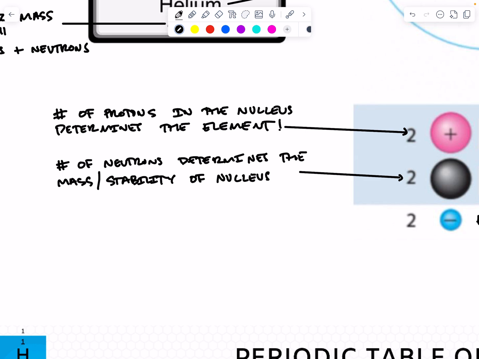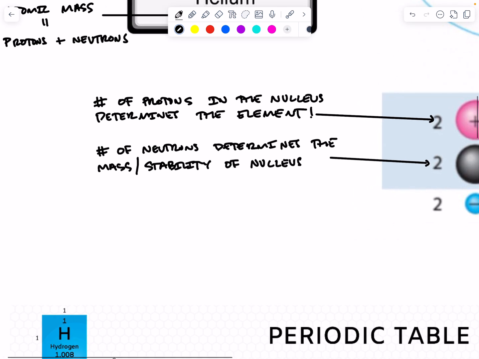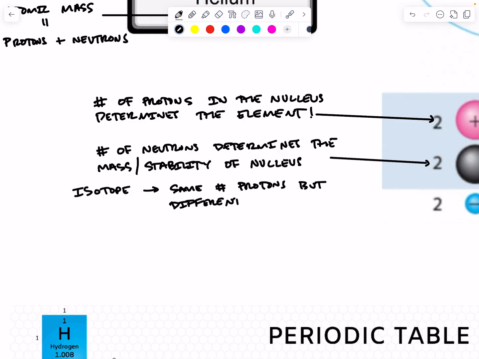An isotope of an element has the same number of protons, but a different number of neutrons.